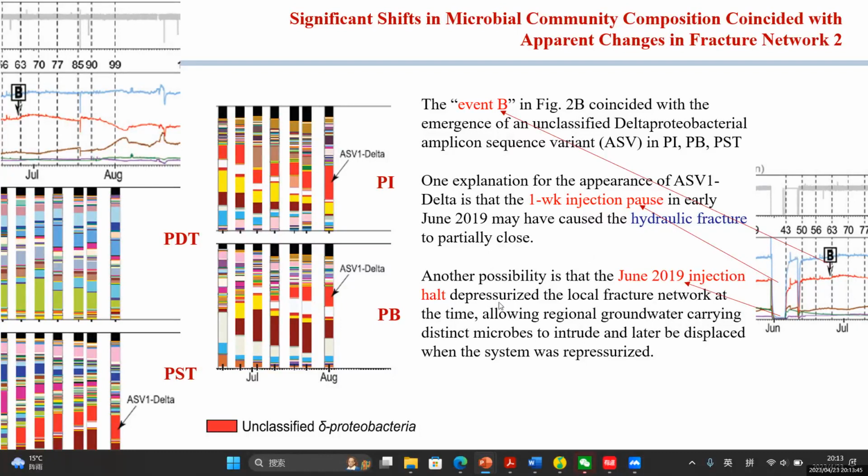It depressurized the local fracture network during this week, allowing regional groundwater carrying distinct microbes to intrude. So these distinct microbes include this ASV1 delta, and later be displaced when the system was repressurized.